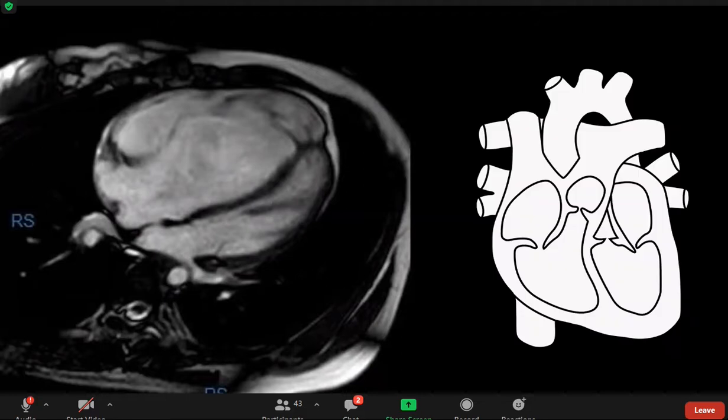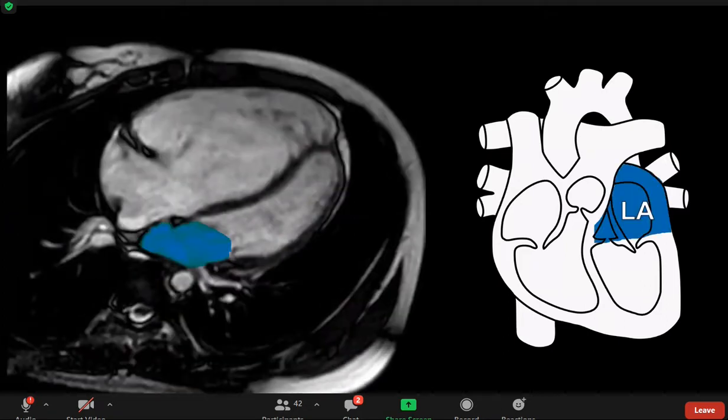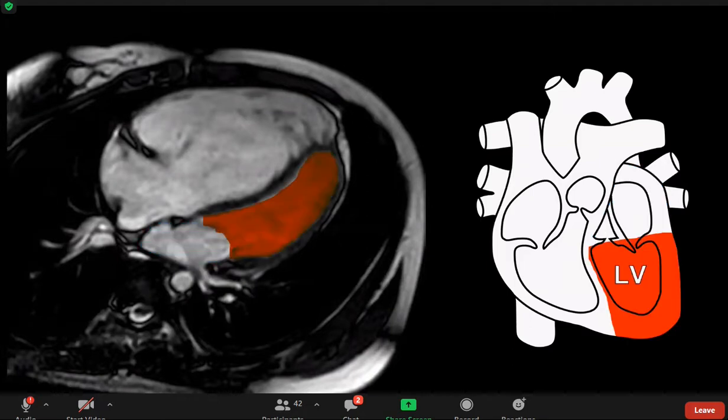Here is a four-chamber view of the heart. Next to it, I put a diagram so that we can better appreciate the images. In this patient, the left atrium was small in diameter and was supplied by two superior and two inferior pulmonary veins. It drains into the left ventricle, and the left ventricle was also normal in this patient with good systolic function.